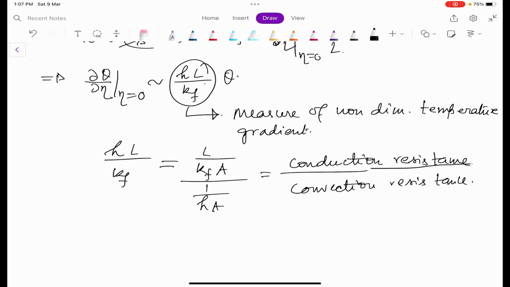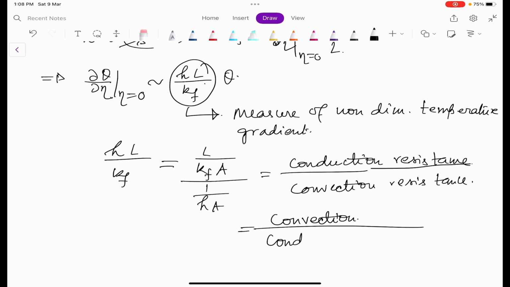So how much heat is conducted, not only from the plate, but how much heat is conducted through the fluid, and how much heat is convected by the fluid? I mean the conduction resistance by convection resistance. If you want to represent it in terms of the heat fluxes, then it is the convection by conduction, because convection resistance is 1 by h. The more the convection resistance, the lesser will be the convection, and the more the conduction resistance, the lesser will be the conduction.